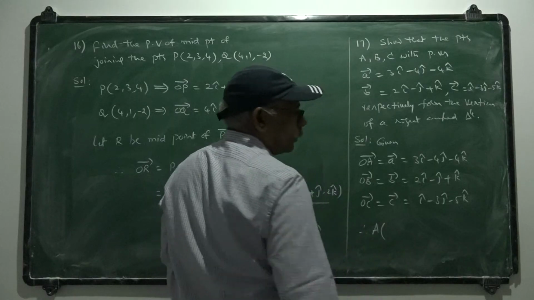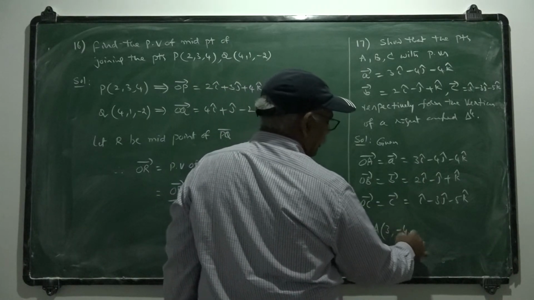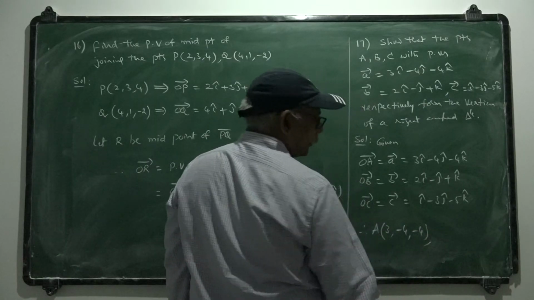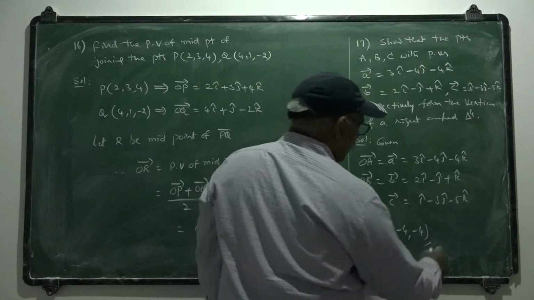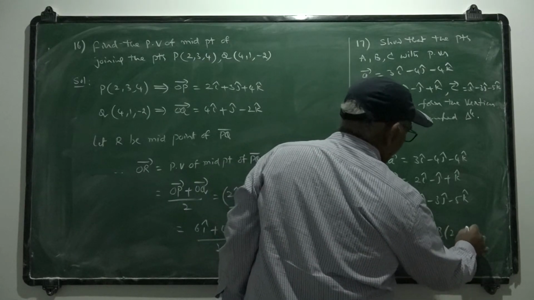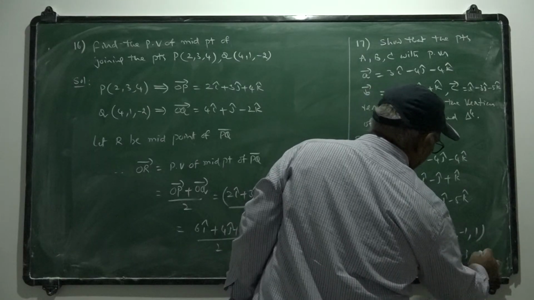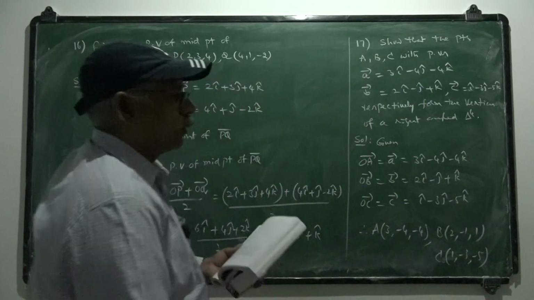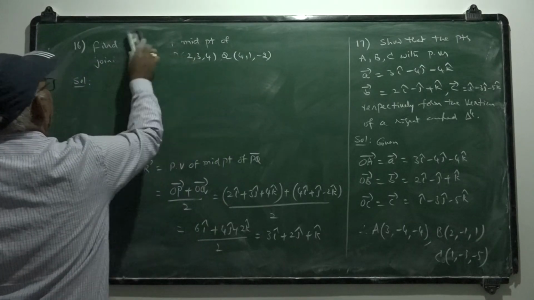Therefore, from the position vectors you can write the points straight away: A is 3, 4, minus 4. Similarly, B is 2, minus 1, 1. And C is 1, minus 3, minus 5. So these points form a triangle.